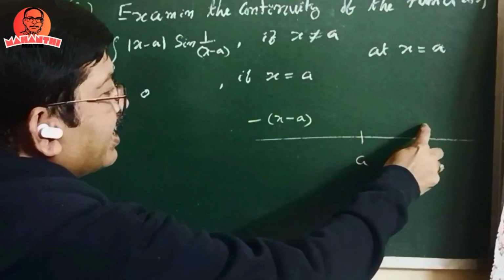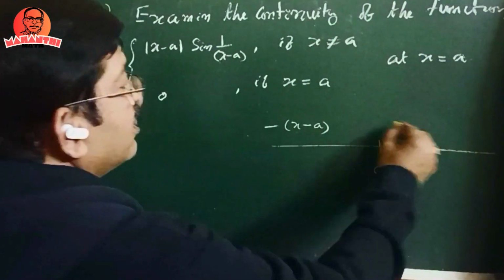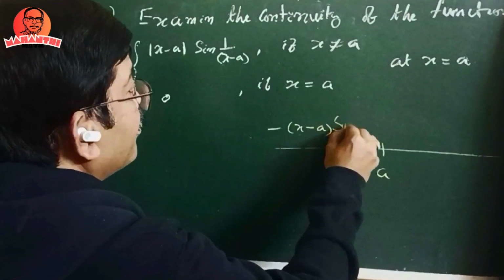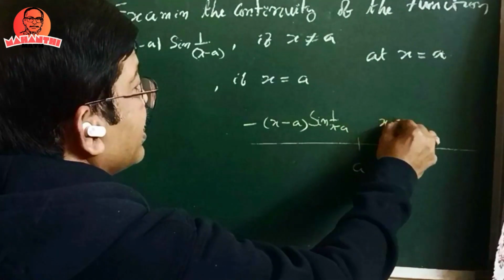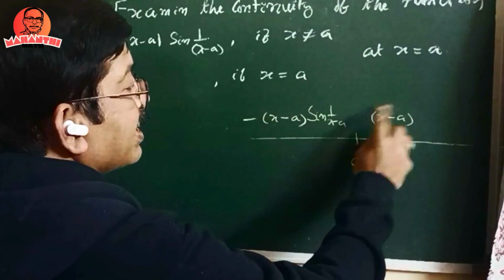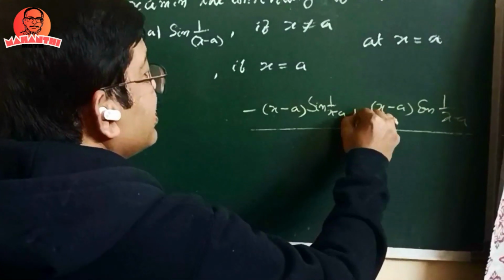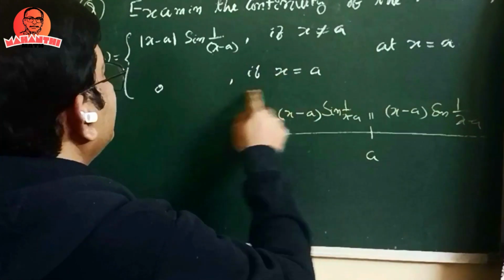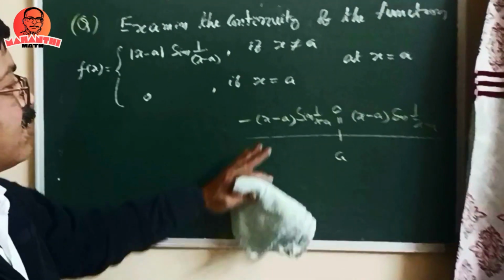And when you take x here, x greater than a, x minus a is positive. Here you write x minus a, no need to write minus sign, sine 1 by x minus a. And exactly at a, what is the value, can you tell? 0. Okay, this is the function given.